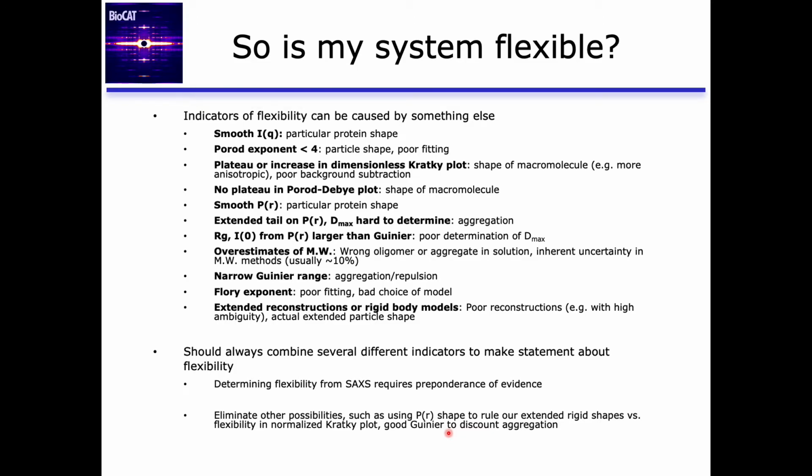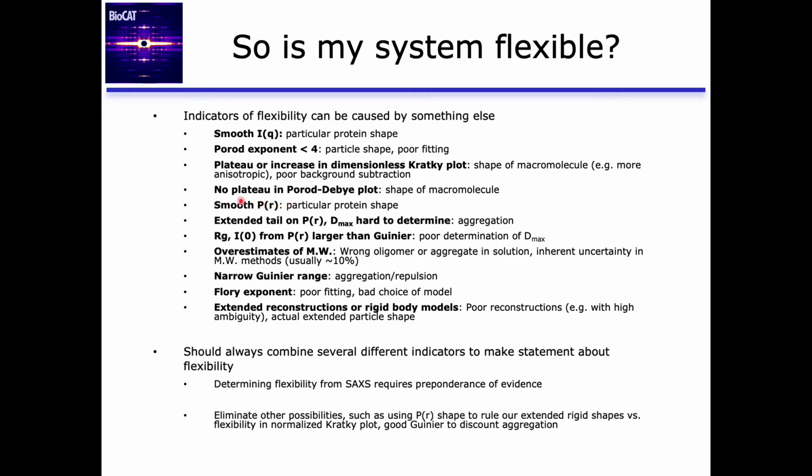So now I've gone through a bunch of different indicators, and the question is still, right, is my system flexible? And the answer is, well, how many of these different indicators are saying it's flexible? Because each of these indicators of flexibility can be caused by something else. So the smoothness of the I of Q function, the scattering profile, or the P of R function can be caused just by a particular protein shape.